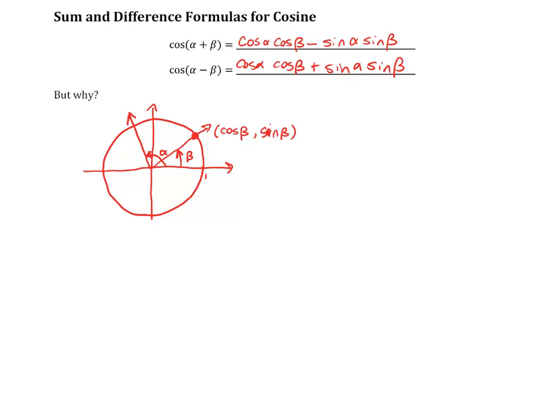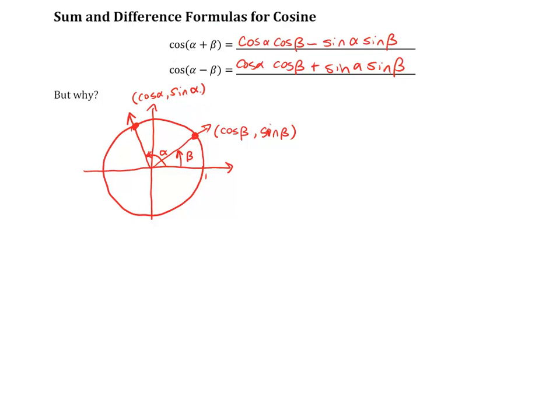Because that's the definition of cosine and sine, the x-coordinate and y-coordinate of where the angle beta intersects the unit circle. Similarly, this point over here is going to have coordinates cosine alpha, sine alpha.